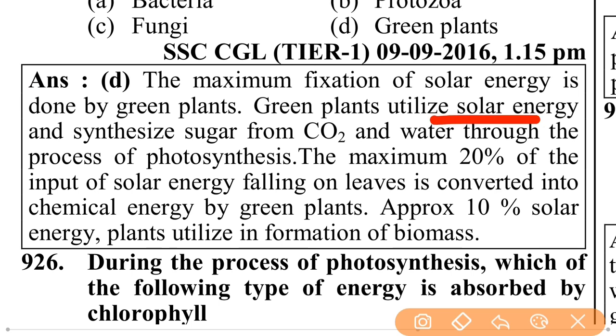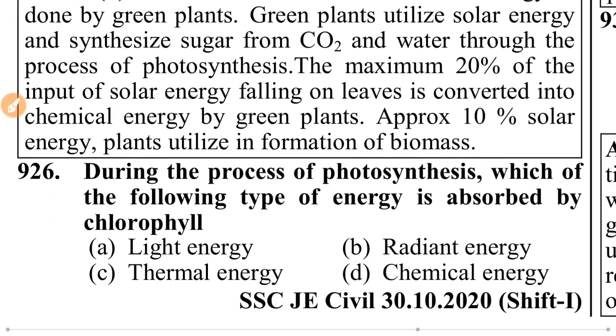Green plants utilize solar energy and synthesize sugar from carbon dioxide and water through the process of photosynthesis. A maximum of 20% of the input of solar energy falling on leaves is converted into chemical energy by green plants. Approximately 10% of solar energy is utilized by plants in the formation of biomass.